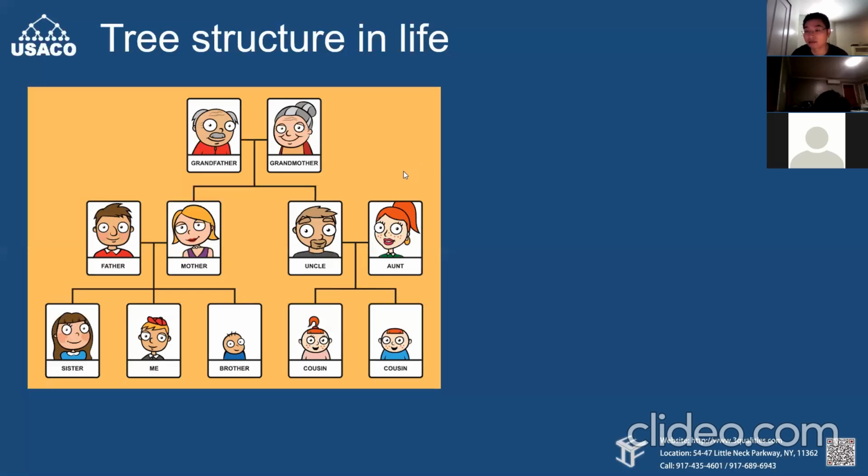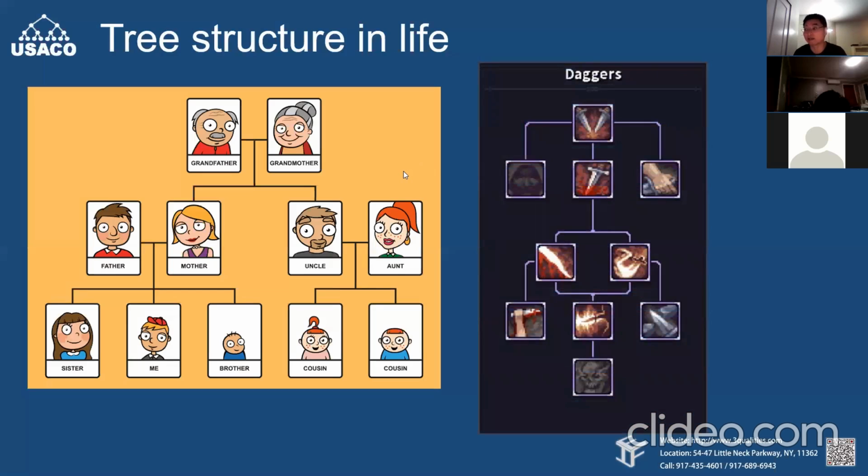I'll give you a second example of tree structure in our life. Most of you are playing games. In the games, when you have a character, you upgrade your skills, or different technology skills.